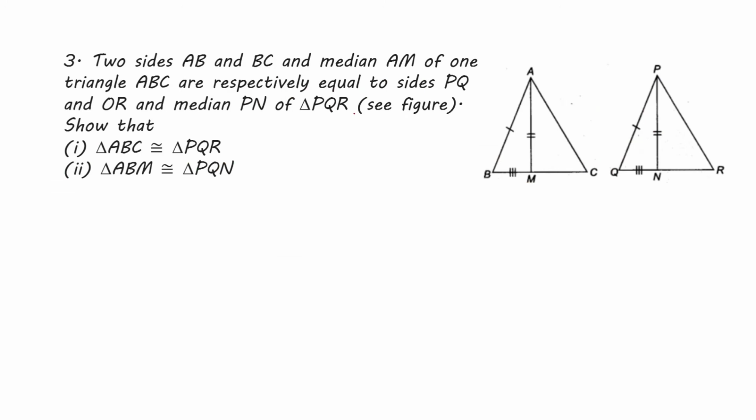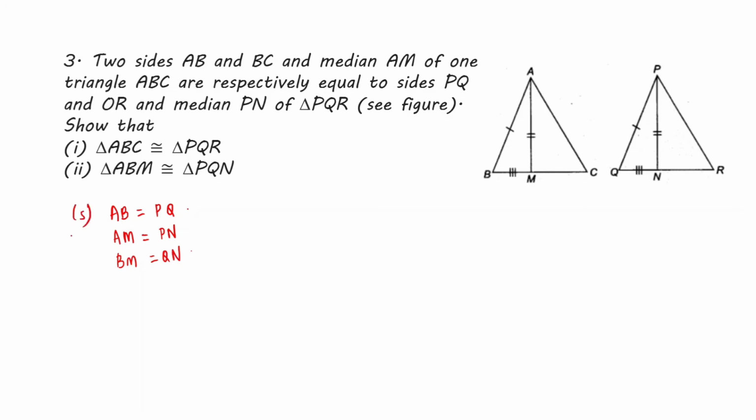Question number 3. Two sides AB and BC and median AM of one triangle ABC are respectively equal to sides PQ and QR and median PN of triangle PQR. So we know that side AB is equal to side PQ, median AM is equal to median PN, and side BM is equal to side QN.